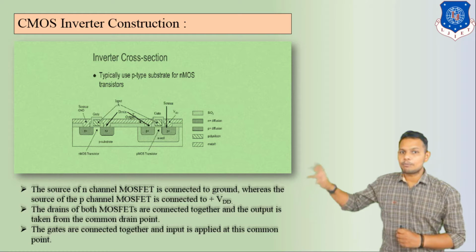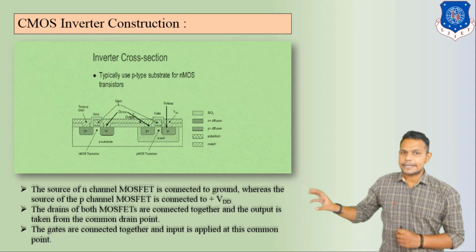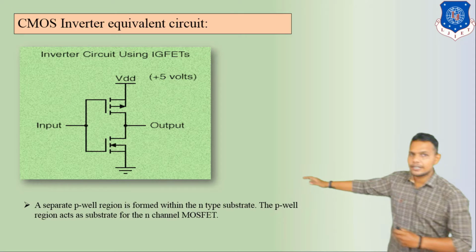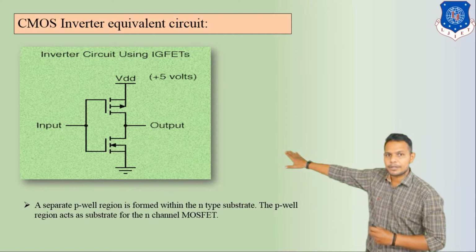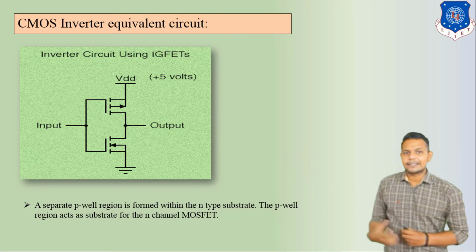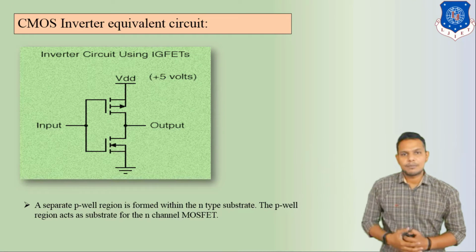The drains of both MOSFETs are connected together and the output is taken from the common drain point, as we discussed earlier in this PPT. Here we can see the output connected at the drain of the NMOS and PMOS.